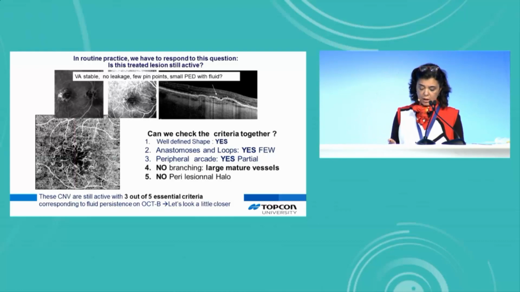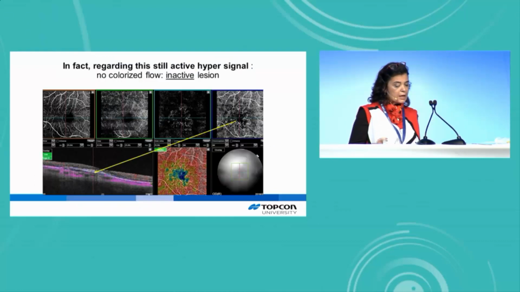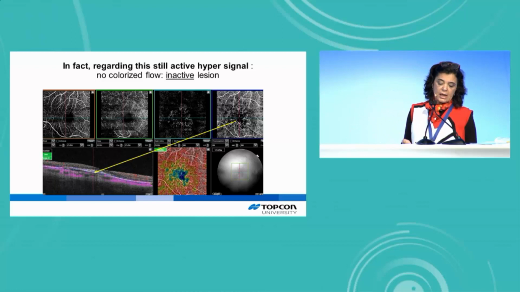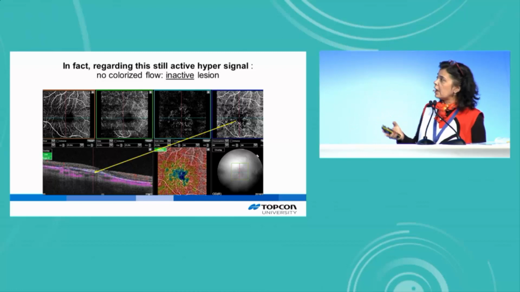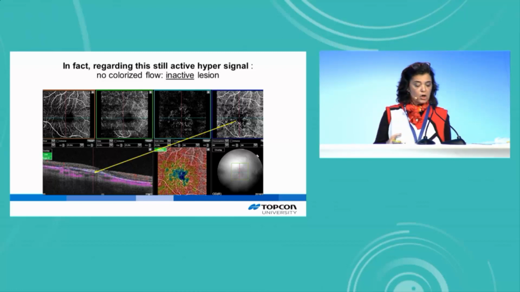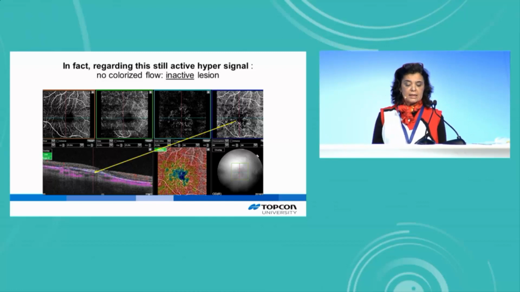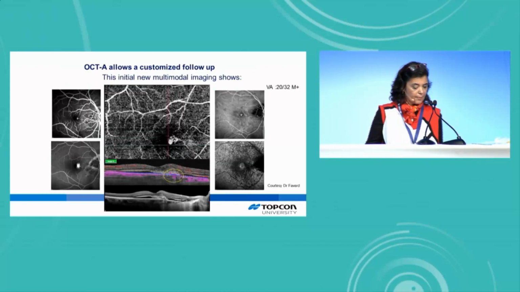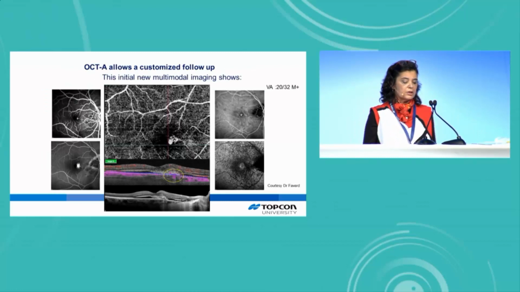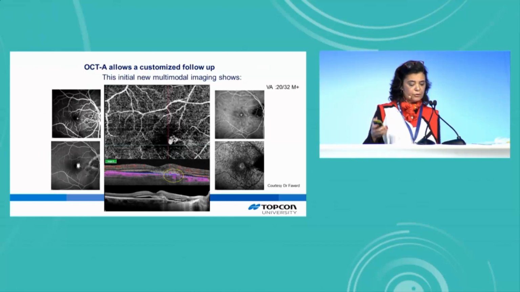But let's look a little closer. In fact, regarding this still active hypersignal, we have on OCT-B scan no colorized flow. It is an inactive lesion. OCT angiography allows a customized follow-up.